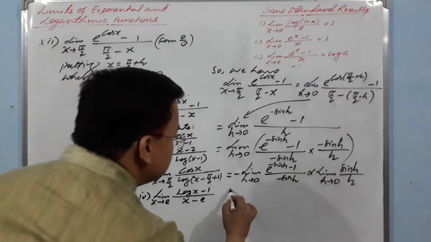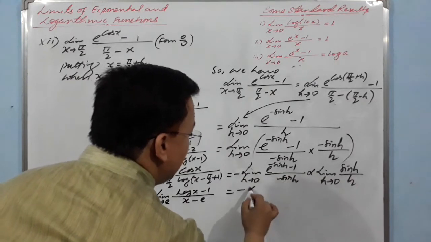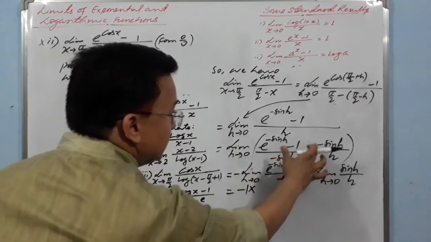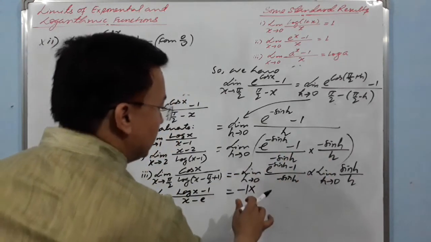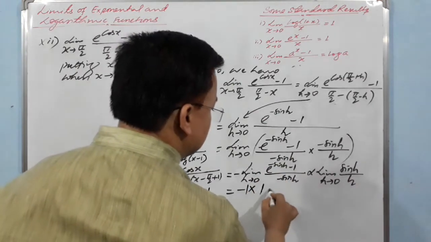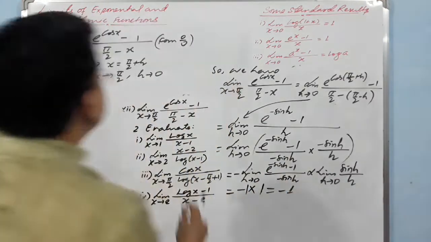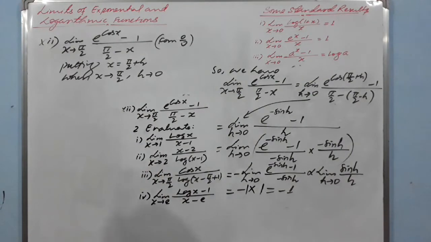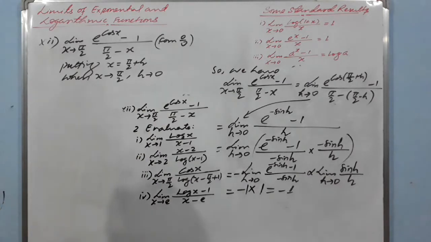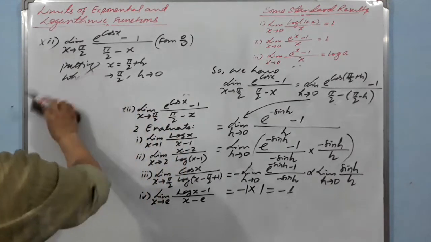This is 1, times, taking this negative sign from here, minus 1, and this also 1, is equal to minus 1. So minus 1 is the limit of this function. Negative 1 is the limit of this function. Okay, so I think you understood. Now you have no problem, right.